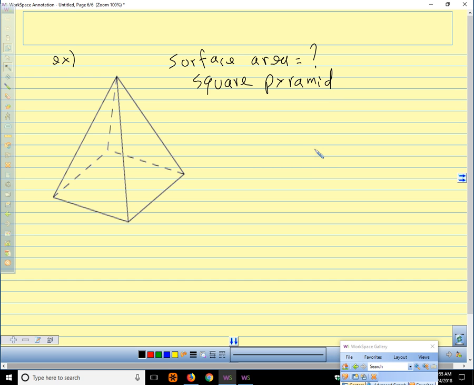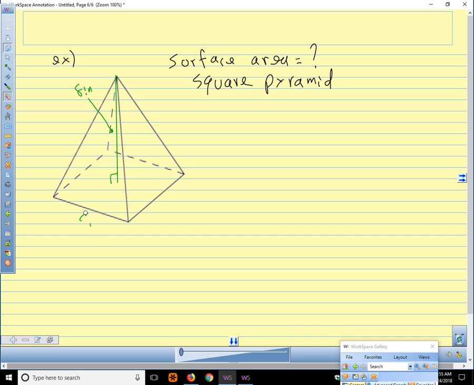And for this one, I'll label some parts here. I'm going to say this is 8 inches. That's 8 inches. This side is 9 inches. And we want the surface area.